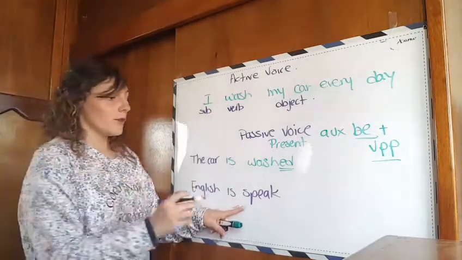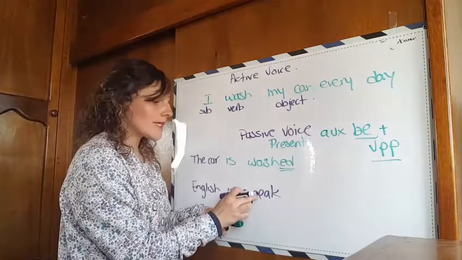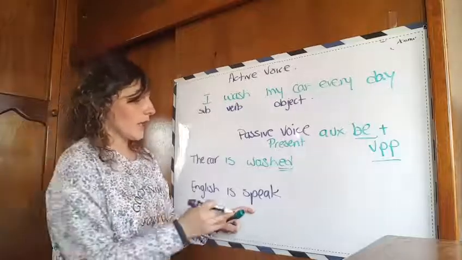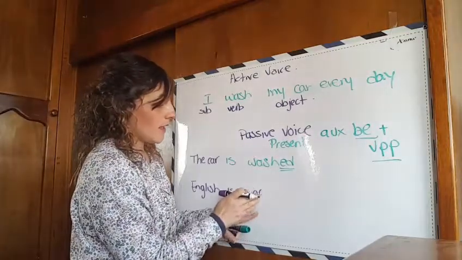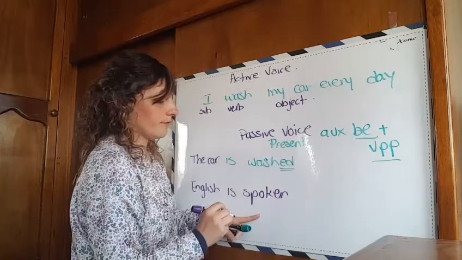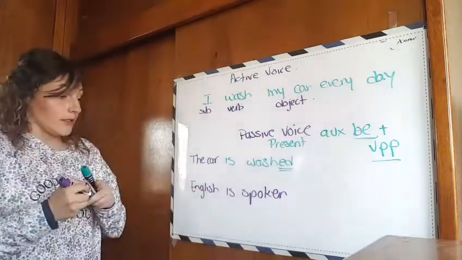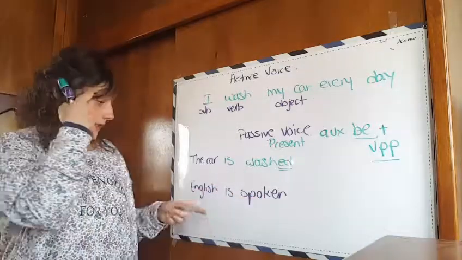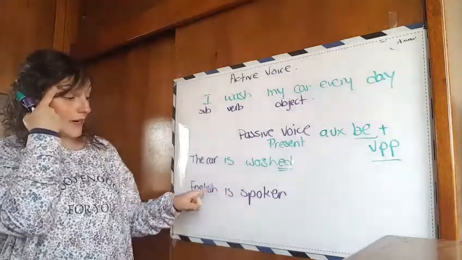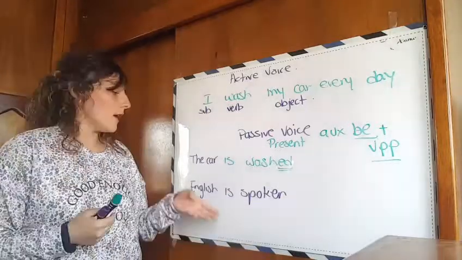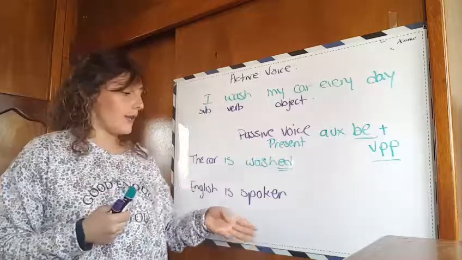So I have to use the past participle of speak. I go to my list, I check the conjugation, and then I see that the past participle of speak is spoken, right? So, in this case, my idea is complete and I can understand. El inglés es hablar o hablado. Okay, so English is spoken, right?